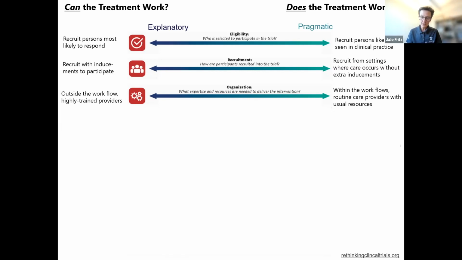What we see in more explanatory trials is that patients are treated outside of the clinical workflow, possibly in a different physical space, sometimes within the same physical space, but there's set aside appointments or longer time. There are accommodations made for research participants that are not like the normal patient, if you will. It may also be that only very highly trained certified specialist providers are allowed to provide care. That would be a more explanatory approach.